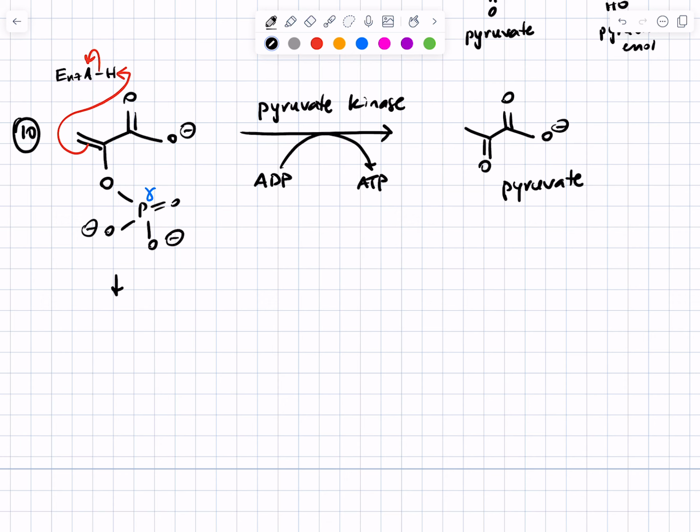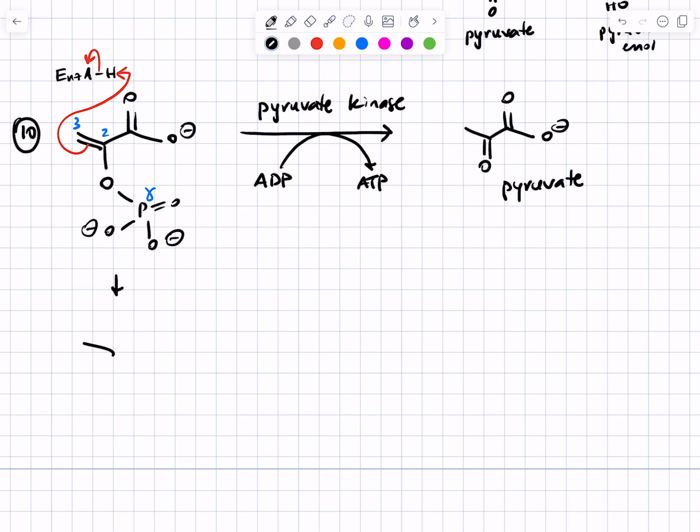Now, if you were in 351 and going to do addition of an acid to an alkene, which of these 2 carbons, the alpha carbon, we'll call it carbon 2 or carbon 3, do you think gets the proton? 3, and why?